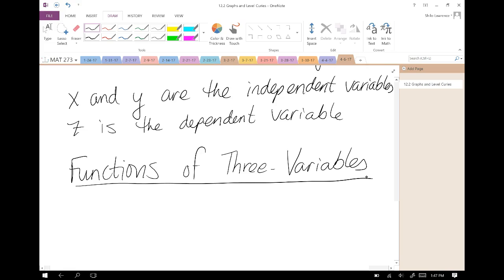So that means 3 independent variables. So that terminology is telling us how many independent variables, not how many total variables we see, but how many independent variables.